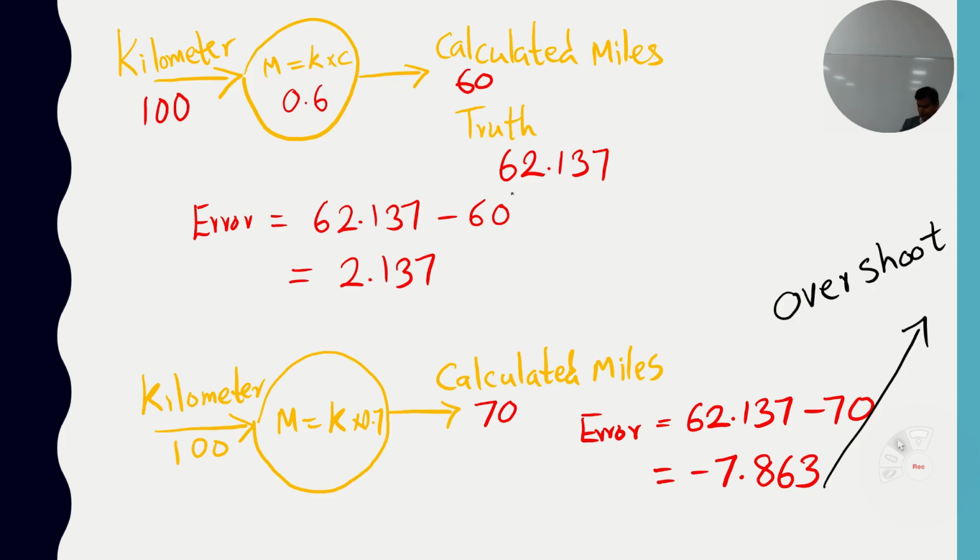In this aspect, we have to achieve this 62.137. That should be our target, which means that we want the error to be zero. That is our goal. But every time we try to put in random values, initially we had random values, and we know that it is a little bit different from what we expected.